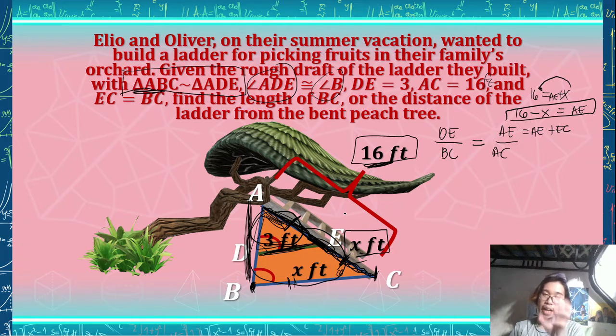We just removed the X from the 16, the total length of the ladder for the peach tree, and we get the value of AE. Since we know that the value of EC is equal to X, that's been given, we managed to solve for the value of AE.